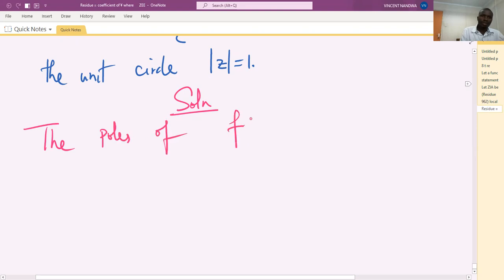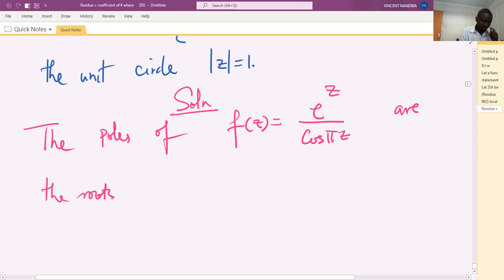So the poles of f(z), and in this case f(z) is given by e raised to the power z over cos of pi z, are the roots of taking the denominator and equating to 0, i.e. cos of pi z equals 0.